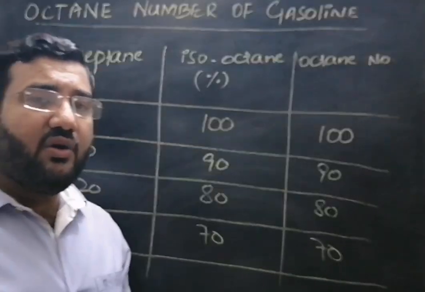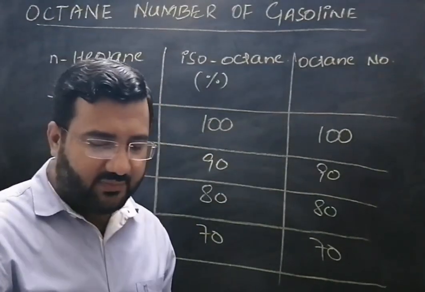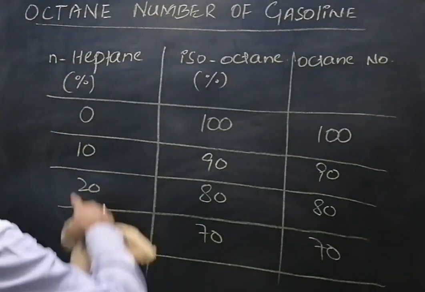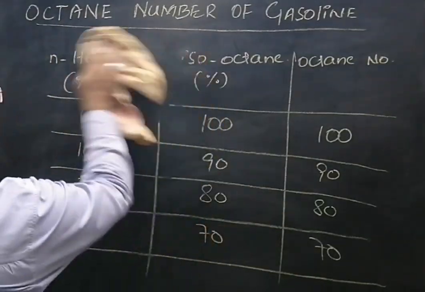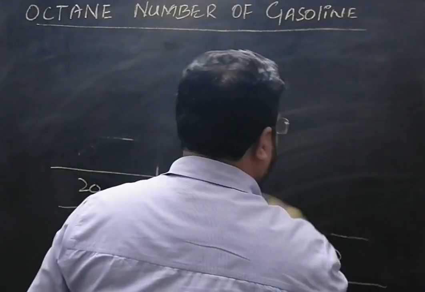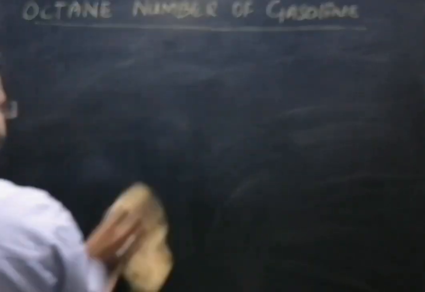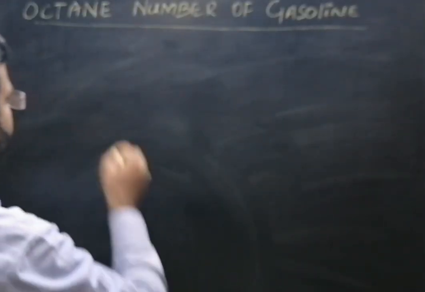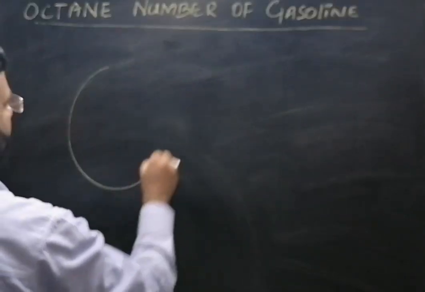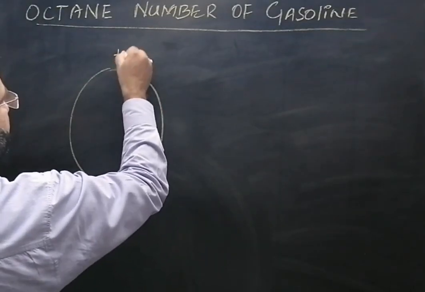Now, how is the octane number of gasoline determined? Actually, these are the different compositions of the reference fuel. The octane number of gasoline is determined in such a way that we use a test engine.